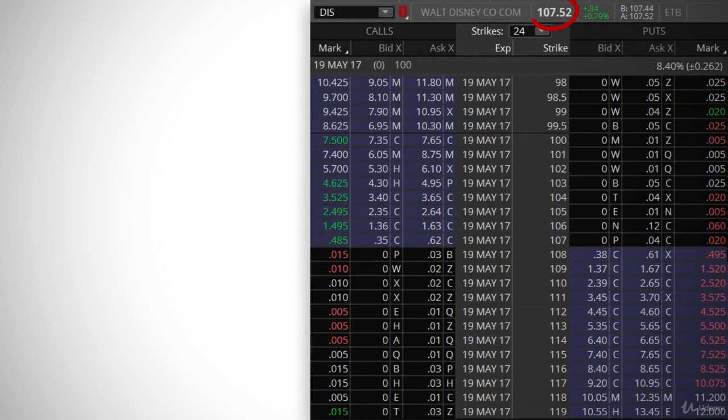Disney closed at 107.52. Now, these marks might be off by a couple of cents because the mark figures are the average of the bid and the ask, and people are going to be bidding a few cents less than what the option is worth and asking a few cents more. This is because traders are not willing to do a trade unless they have something to show for it. They're going to want to earn a few cents for their troubles, or there is no point in making the trade.